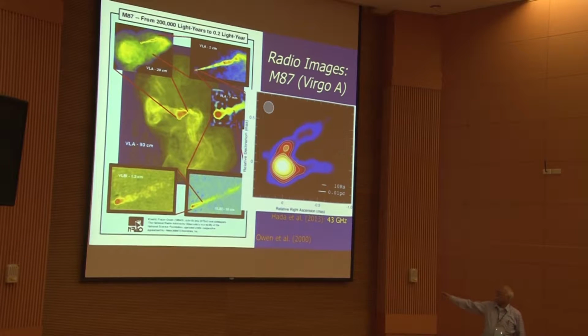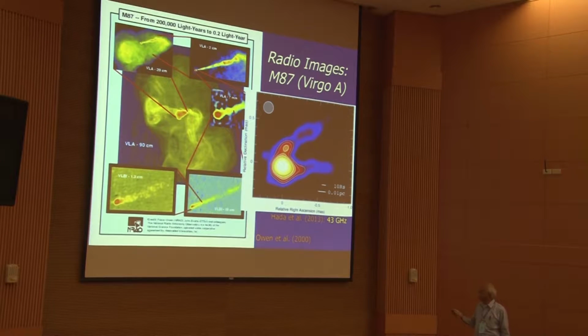Anyway, there is this big, large lobe-like structure, and I think we'll be talking much more about this when we get to the large-scale structure and the feedback, starting tomorrow. But then as you look in different wavelengths, you start seeing closer and closer to the center. This is that same linear feature which we saw in X-ray and optical. Then you go further and further in, and you just see the jet all the way down.